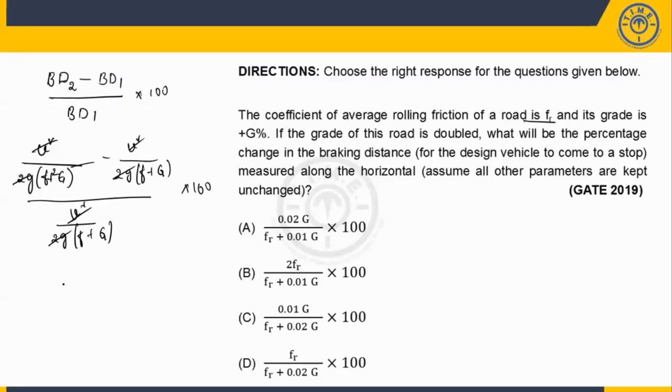Wait, instead of Z also, we need to have it in percentage. So it is 0.01. Am I right? Yes, sir. Because in the previous problem, when you have 3%, what did we consider? 0.03.